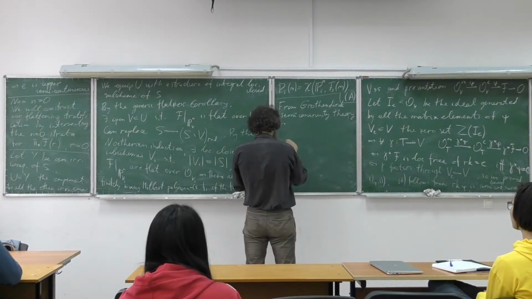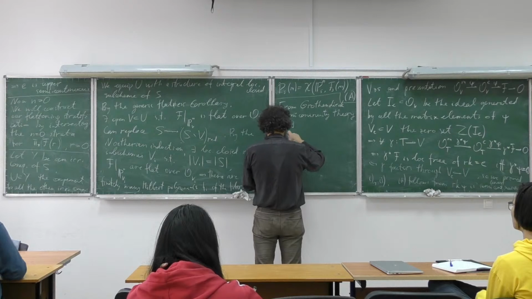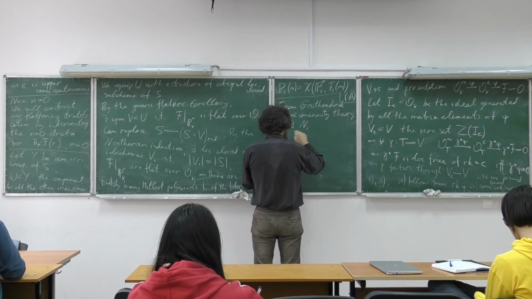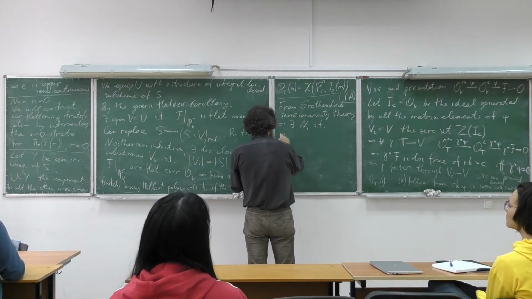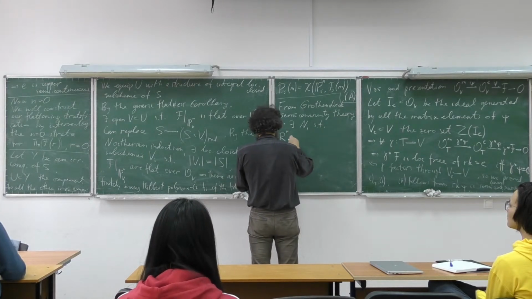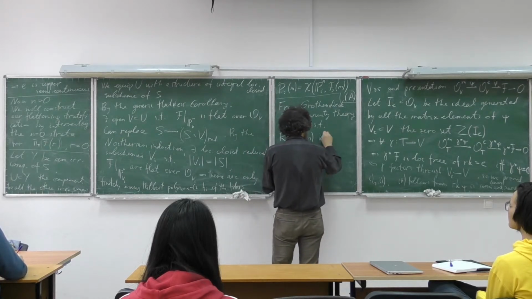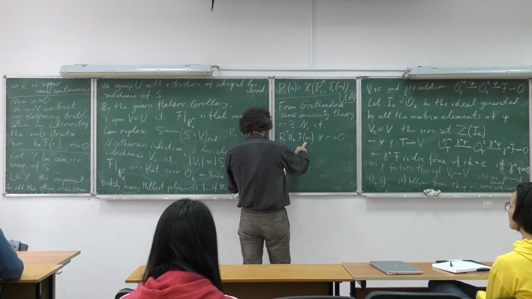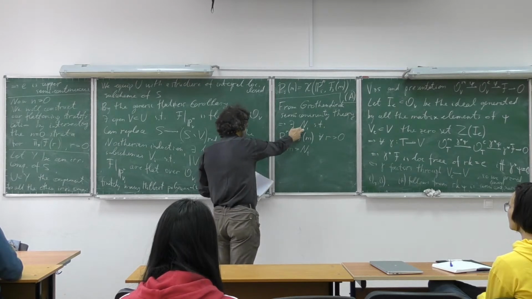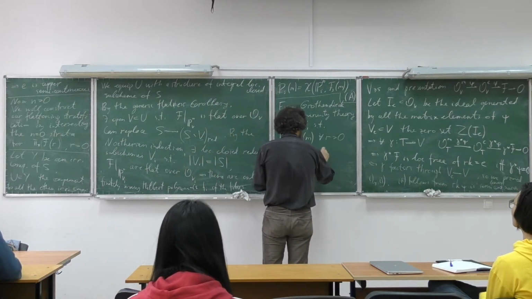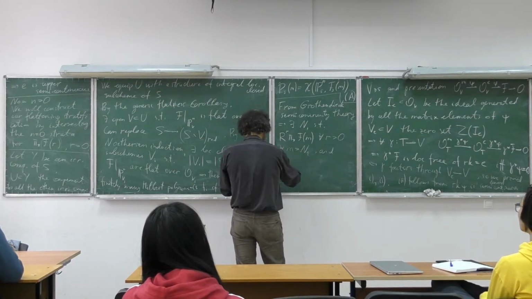So from this, it follows that there exists some big enough positive integer such that all the higher direct images vanish if we twist by a big enough twist, and this computes with the base change.